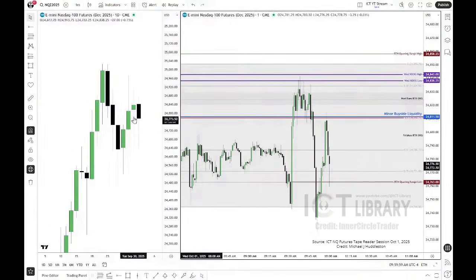So now look at the daily chart over here. Okay, we came off these lows really hard. We came up, swiped that minor buy side of liquidity, and now we're going to get the news reaction here. There's a portion of the opening range gap for today that's not closed. In other words, that's this level up here, this regular trading hours opening range high, or yesterday's regular trading hours close.